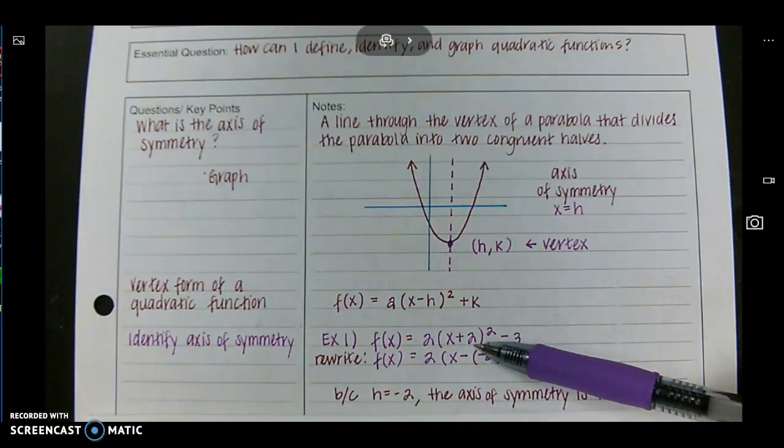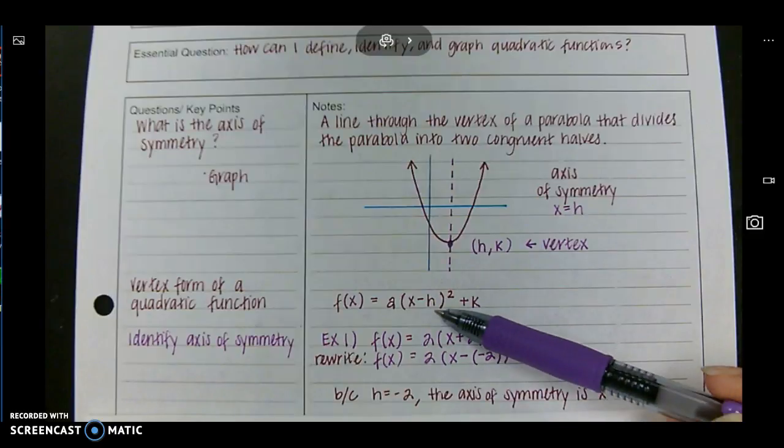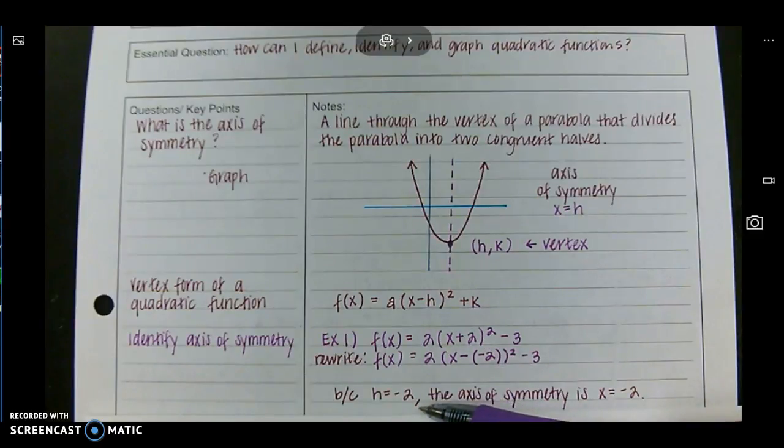And because this is known as our h in the formula, because h equals negative 2, the axis of symmetry is also x equals negative 2. Okay?